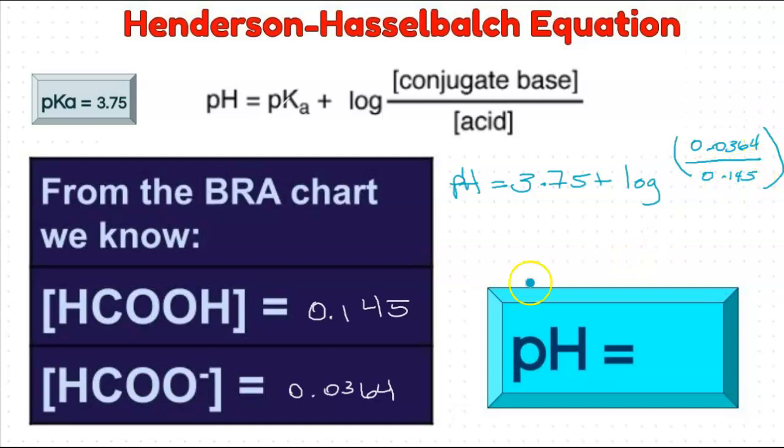When I plug that into my calculator, I get a new pH value of 3.14. You could take these two concentrations and put them into the initial line of an ICE chart, and still go through and minus X and plus X. It will lead you to the very same calculated answer of 3.14.